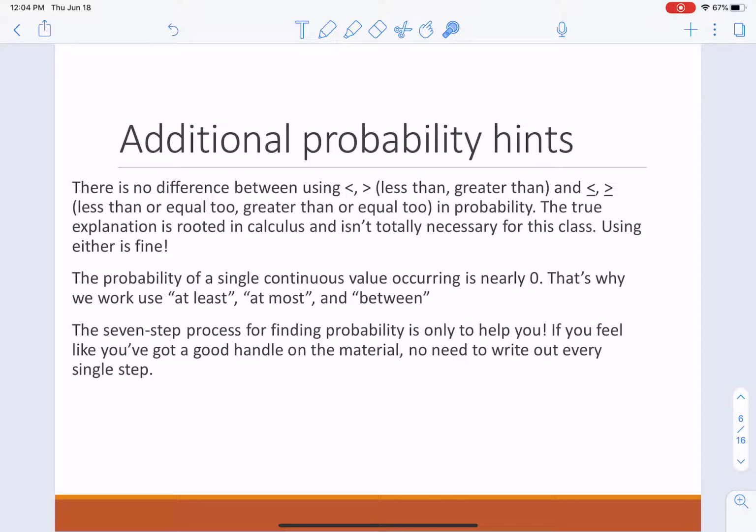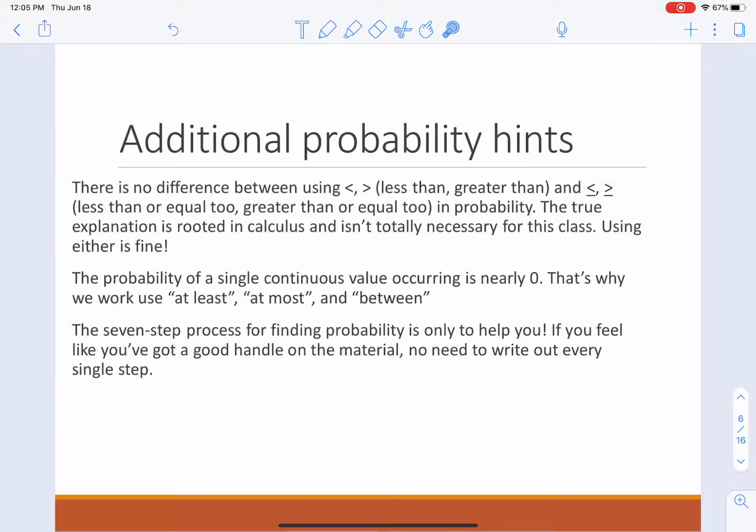Okay. Anyway, some additional things about probability that are important. The first thing is that I go between using less than or greater than, or I should say, less than or equal to and greater than or equal to. In probability, it's the same thing.